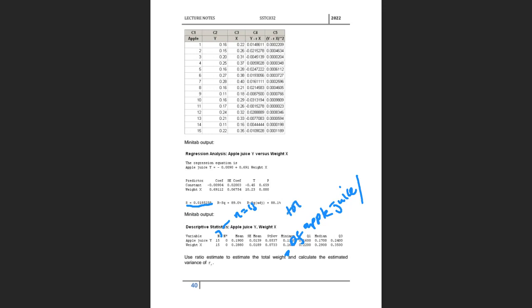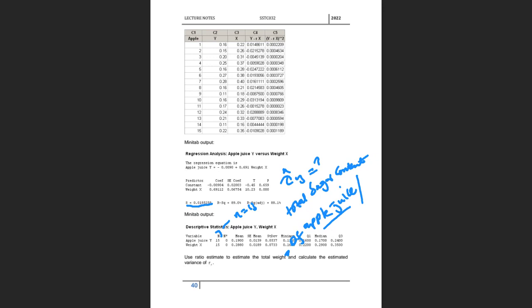It's the total sugar content. And the total sugar content is what? It is tau y. But we're estimating it. We need to find what? The estimated tau y is the same as the apple juice there. It's the total weight tau y. It's what we wanted to calculate.